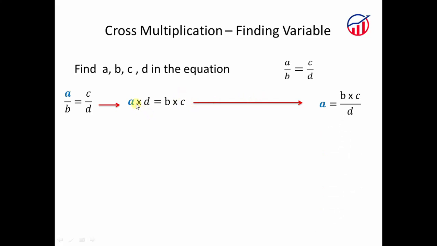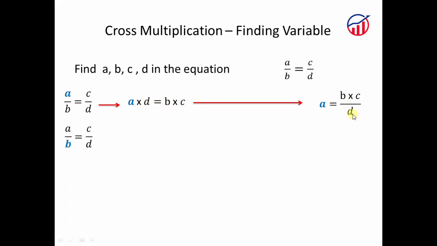You can see a is equal to b into c upon d. When you say cross multiplication, since you want to move this out, d is going to move down. Always remember this direction. This is going to move like this, cross, and this is going to move down like this. So a is going to be b into c upon d.